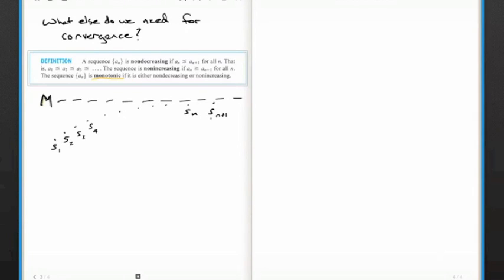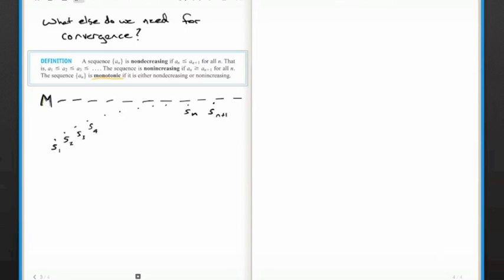Now let's think about this thing. If I am, say, monotonically increasing, or monotonically non-decreasing, which means I've got to be always going up or holding steady, and I'm bounded from above, I have to go up, I'm bounded from above, that means I'm going to converge.